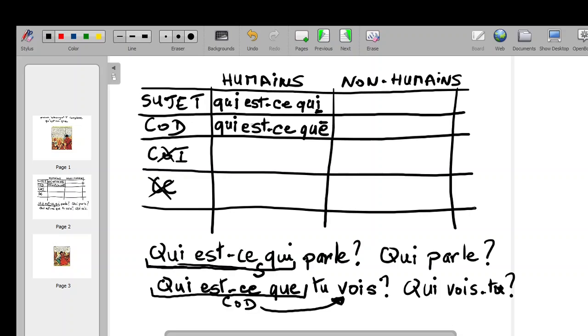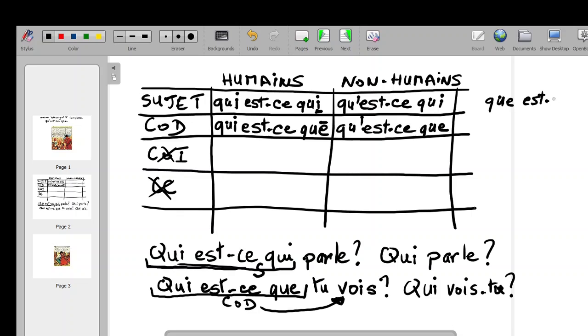So qui est-ce que. Now, if you're talking about a thought, an object, anything that's not a person, here you say qu'est-ce qui, and here it's qu'est-ce que. Okay, so it's the same thing. So here the Q, it should be que est, and there is a dash here, by the way.